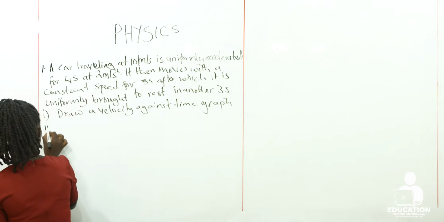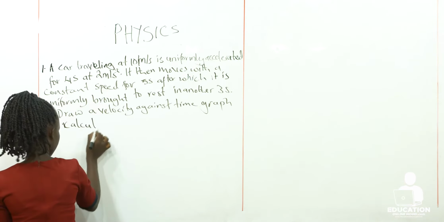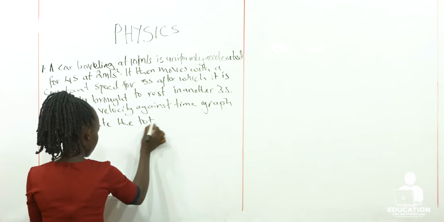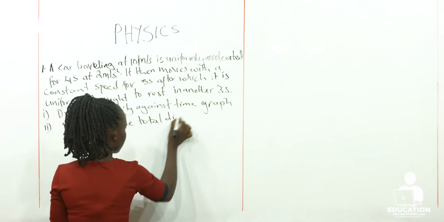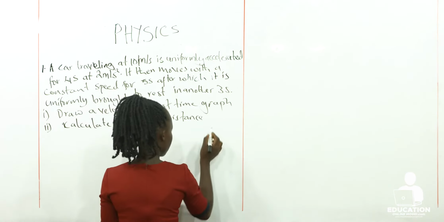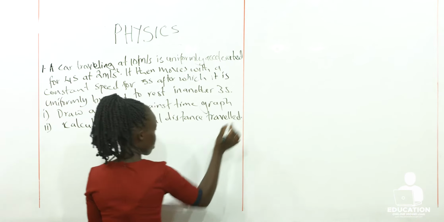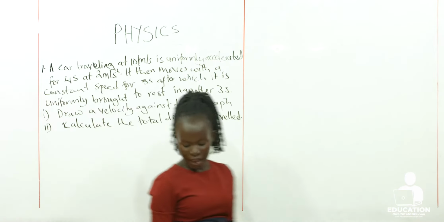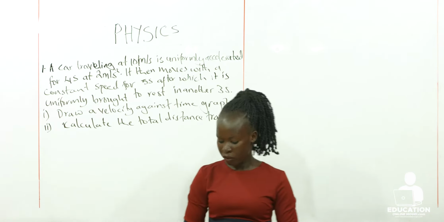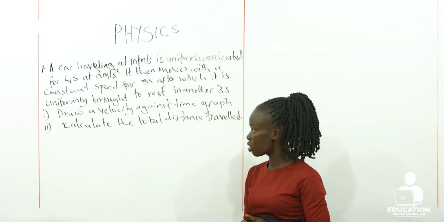We have Roman 2 telling us to calculate the total distance traveled. So that is our question. If we know our question, how do we summarize it?